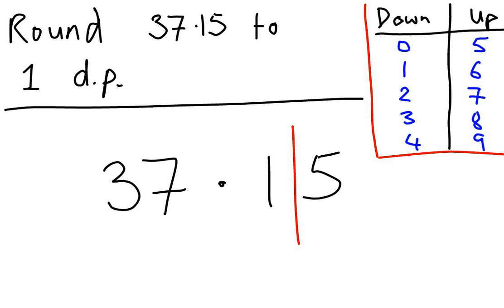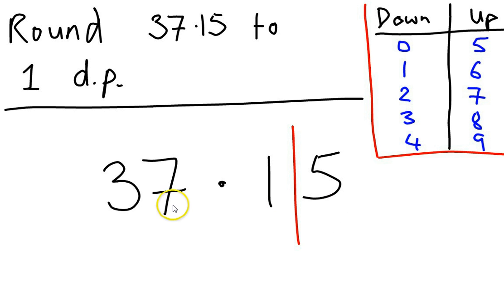Okay, now it is actually this number straight after the line I've just drawn that I am going to look at. You'll notice at the top here I've done this box that tells me when to round down and when to round up. So we normally round down with any number 0, 1, 2, 3 or 4, and we round up with 5, 6, 7, 8 or 9. This is very important.